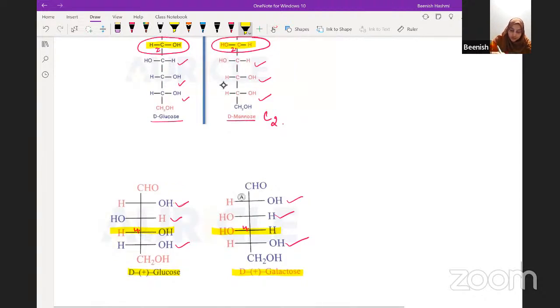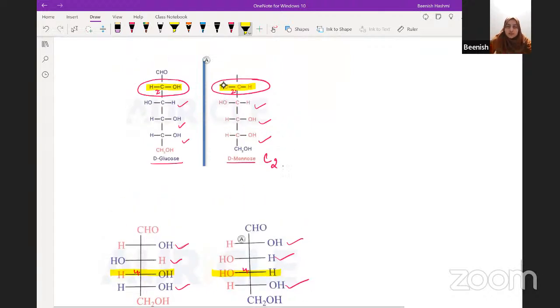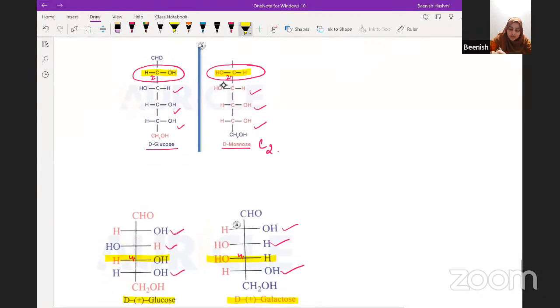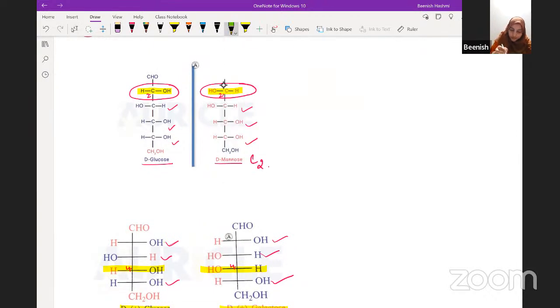There is a difference in orientation at carbon 2 as well as at carbon 4. So there is a difference in orientation at two carbons. Here at carbon 2 and also at carbon 4. So your mannose and galactose become diastereomers.